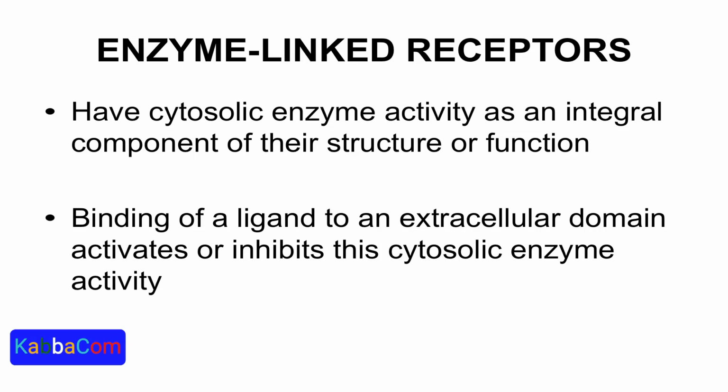They have what we call a cytosolic enzyme activity as an integral component of their structural function, and so once we have a ligand bind to the extracellular domain, or what we refer to as the ligand binding site, it basically brings about a series of changes that will happen intracellularly, or within the cell.